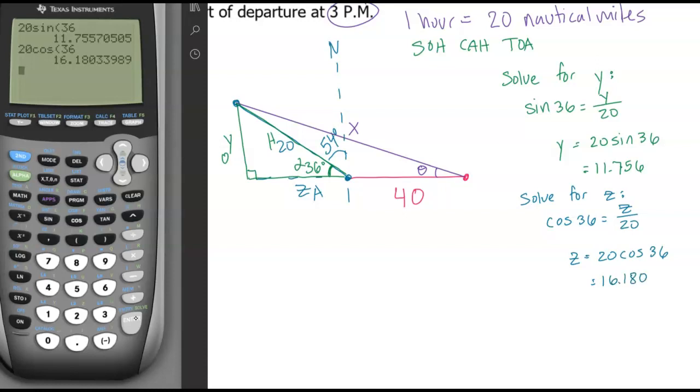16.180. So now I know that the full length here on the big right triangle is 16.180 plus 40, which is 56.180.